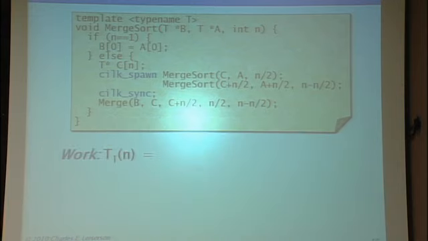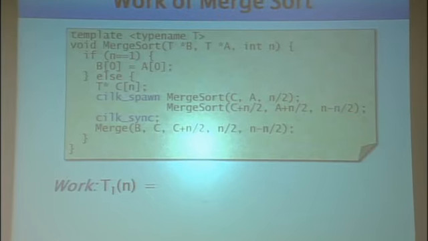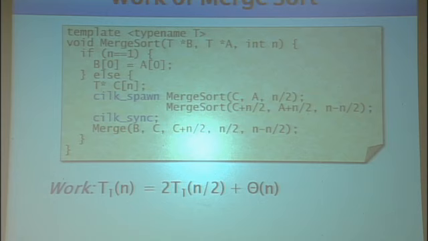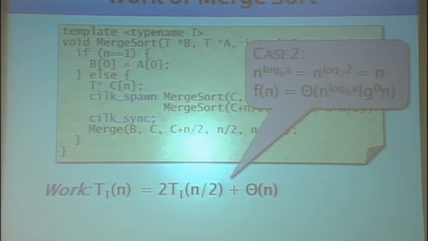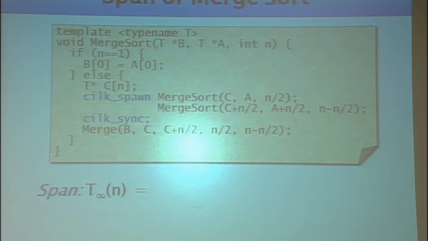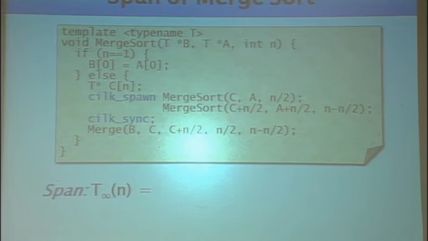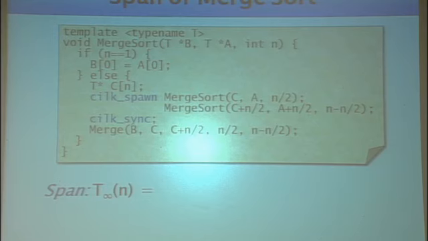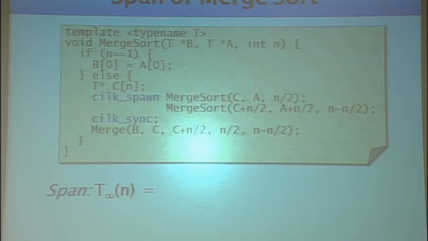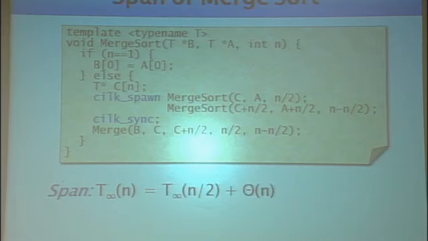So let's take a look at the work. What's the work of merge sort? We know that. N log n, right? 2T of n over 2 plus order n. So that's order n log n. Okay, the span is what? What's the recurrence of the span? We're going to take the maximum of these two guys, so we only have one term that involves T infinity.